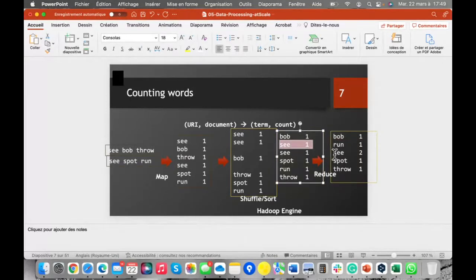Then it goes for C, and it will have C 1, and then in the second iteration, it will see that C has already been processed, so it will sum the current with the new one, so it would be 2, and then spot, etc. So this is what we implemented, and this is the Hadoop engine.